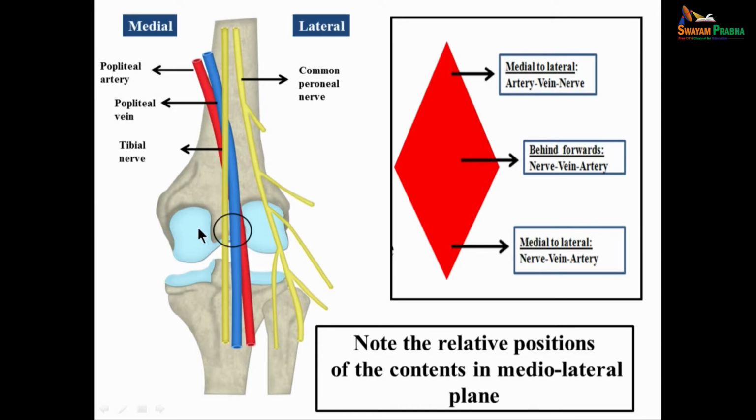In the middle part of the fossa, from behind forwards, the arrangement is nerve, vein, artery. And in the lower part, again the arrangement is from medial to lateral. Most medial is the nerve, in the middle we have the vein, and in the lateral aspect we have the artery. So this relative position of the contents in the mediolateral plane is also important.